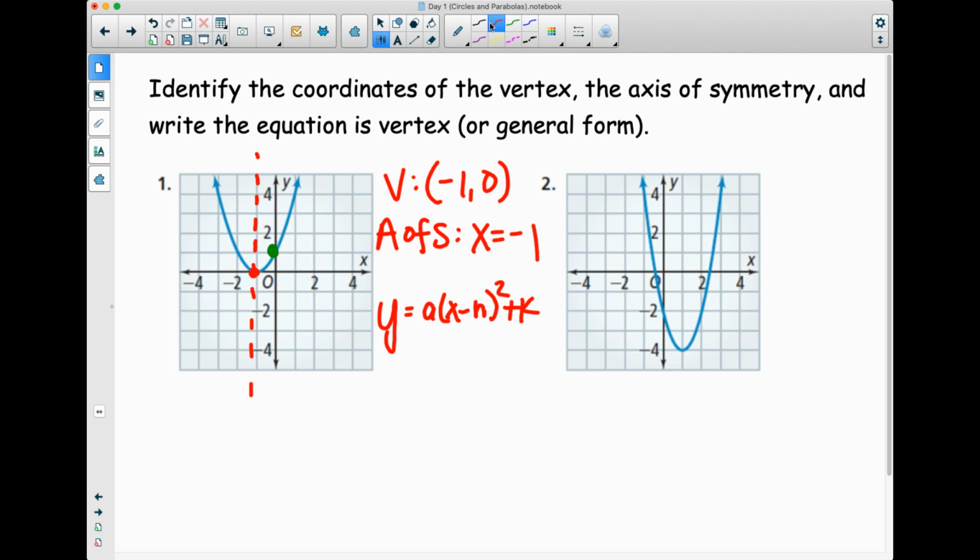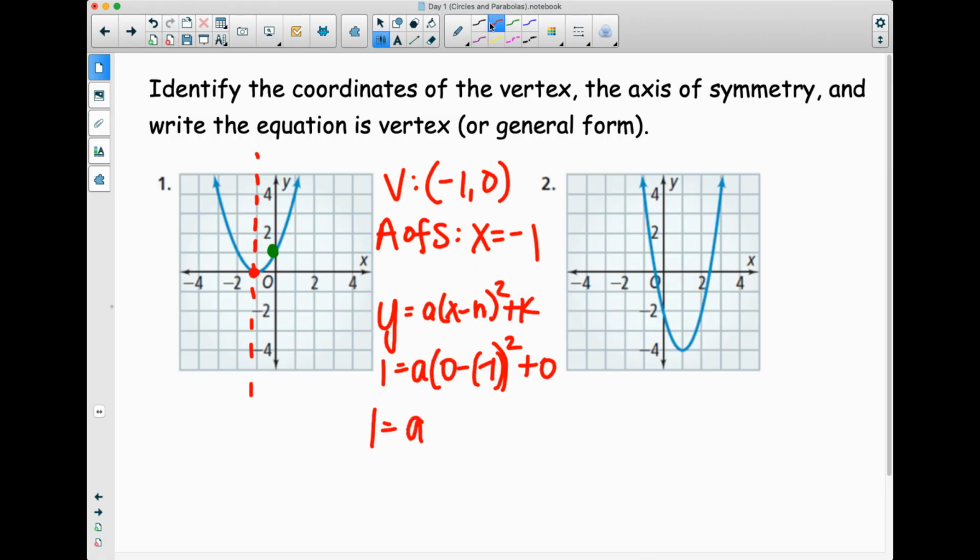So 0, 1. Oops, another parentheses. So I plugged in my vertex, I plugged in my extra point, and now all I have to do is solve for a.